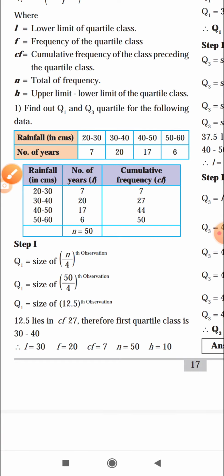So here we get all the information required for the calculation of Q1.